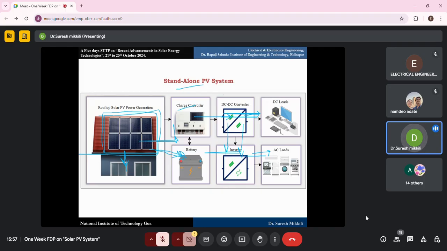Suppose you assume this converter is not there. What will happen? How much DC load power is required, that much it has to generate. Or how much AC load there is, approximately that much I need to generate, which will be converted to AC and connected.